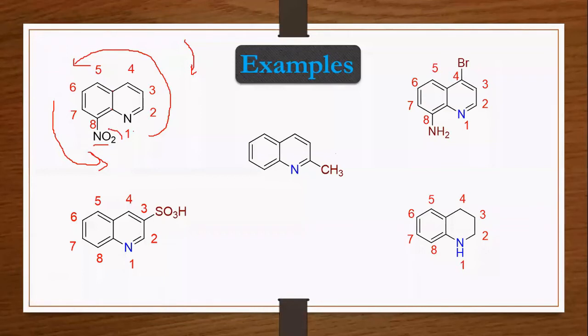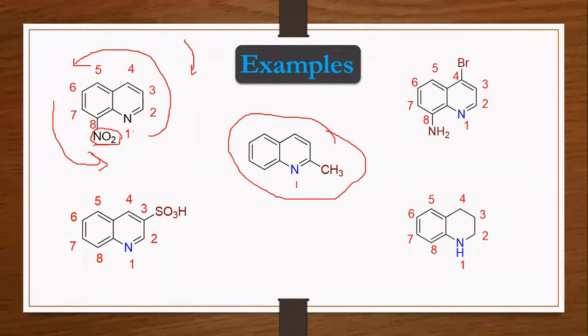Now look at the substituent. This NO2 group is present as a substituent. Then the name of this molecule is very simple. What is it? It is simply 8-nitroquinoline. What is the name? 8-nitroquinoline. Just write it, you will get a mark. Now we will take this example.